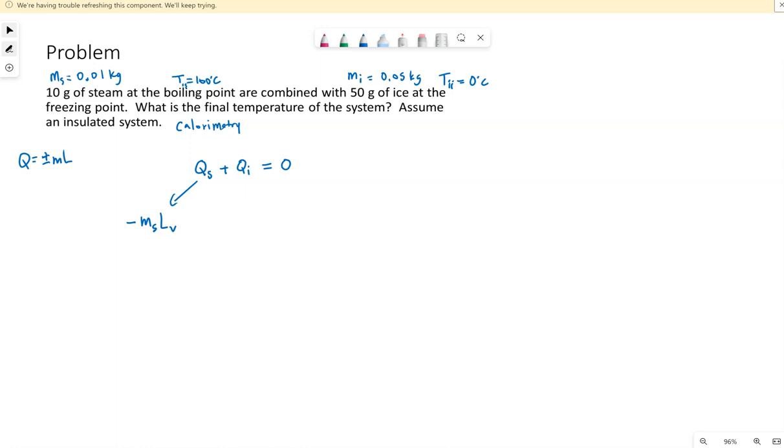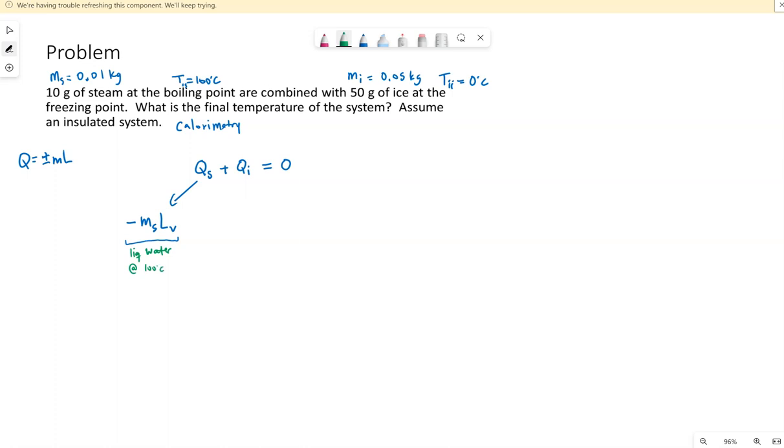I'll take the mass of the steam times the latent heat of vaporization, because the L sub V is the value we use between the liquid and gas state. But even once we have taken this energy out, this leaves us with liquid water at 100 degrees Celsius.